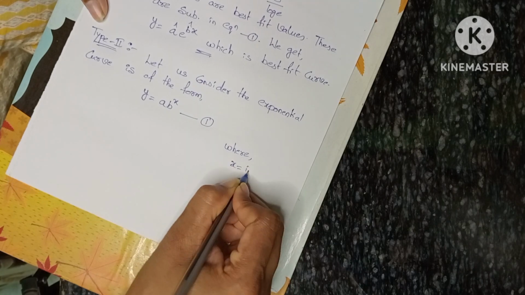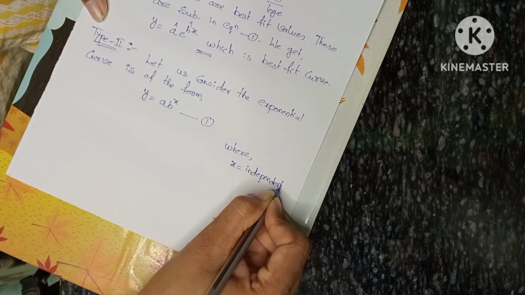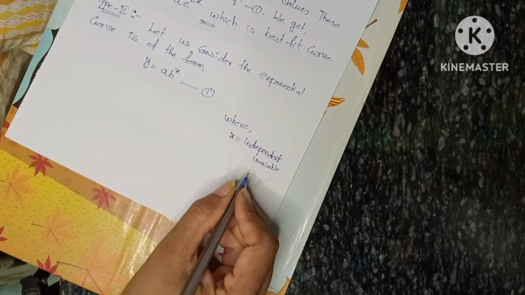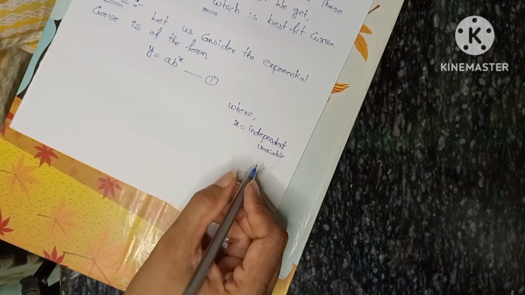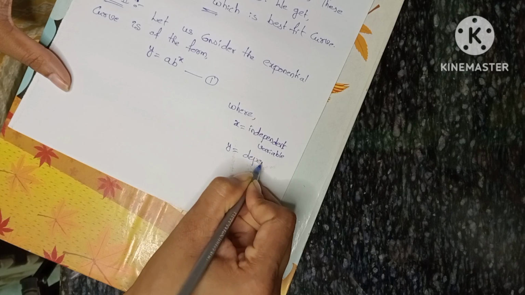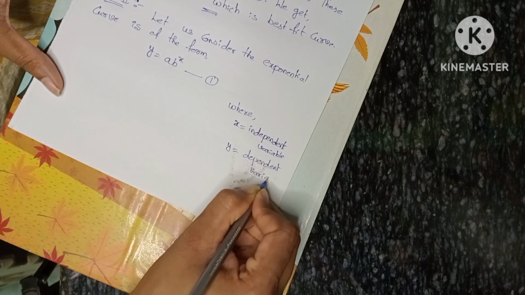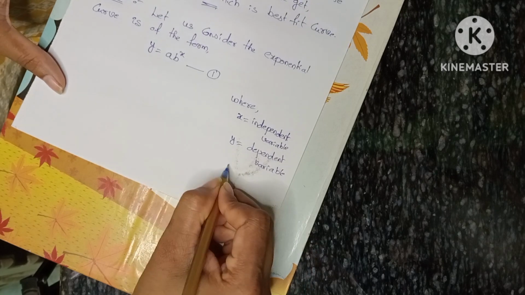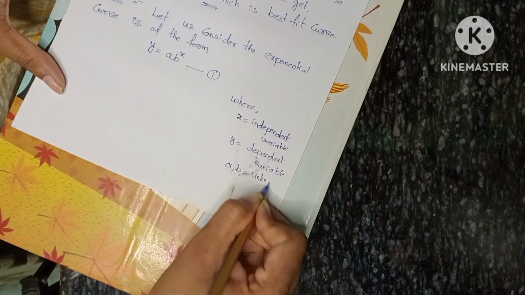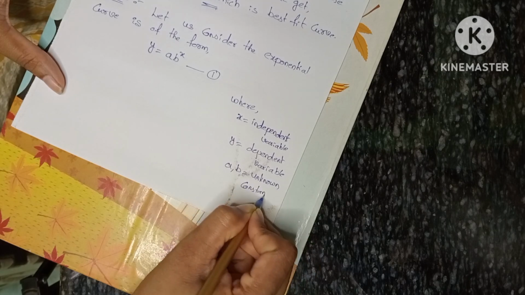x equals independent variable, or independent value we can say, y equals dependent variable, so a comma b equals unknown constants. Okay, unknown constants or unknown values.